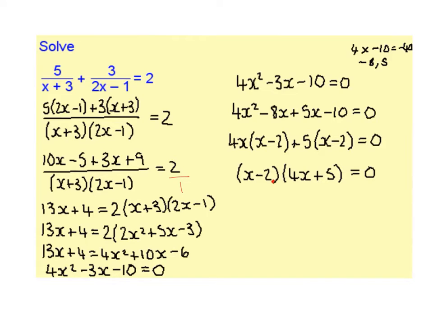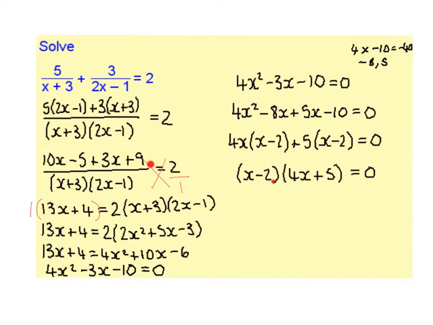And then what I'm going to do is I'm going to cross multiply. So it's going to be my numerator on my left hand side multiplied by 1. So I'm just going to stick brackets around this and stick a 1 in front. And then it's going to be my denominator on the left multiplied by my numerator on the right. So that's going to be 2 multiplied by my common denominator, which is x plus 3 times 2x minus 1.